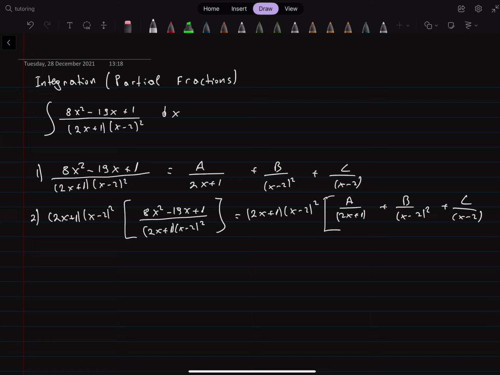The next step is we see what we can simplify from the question. Obviously in this case the left side will be simplified, so we have only 8x² − 19x + 1 on the left side, and now we check what we can do for the right side.